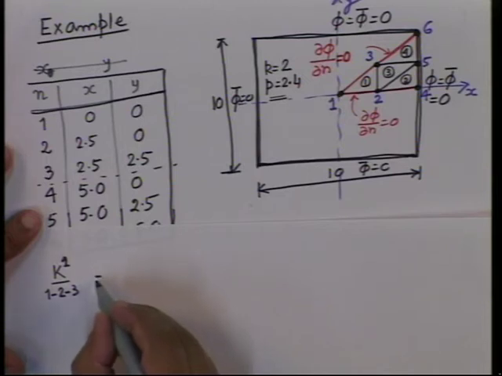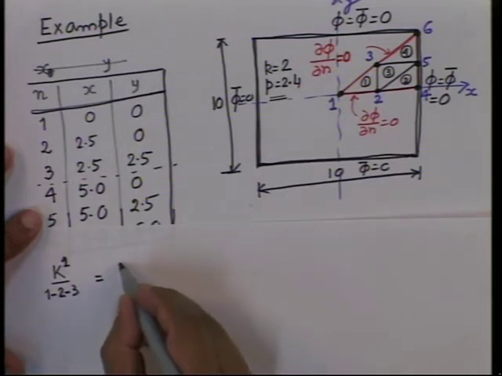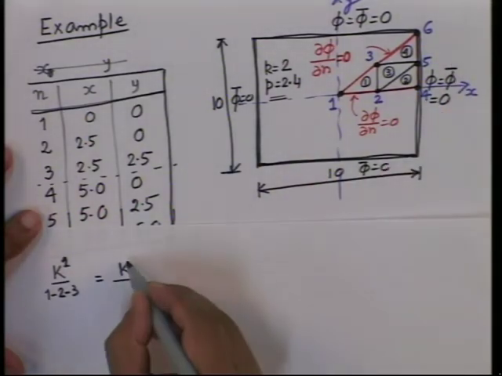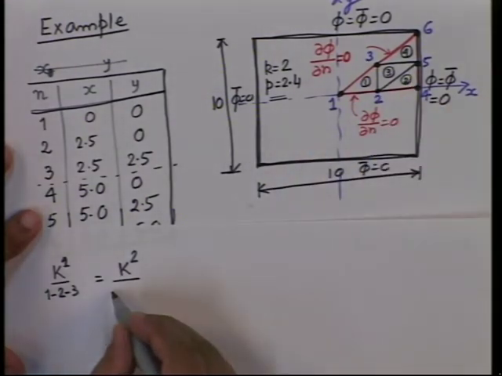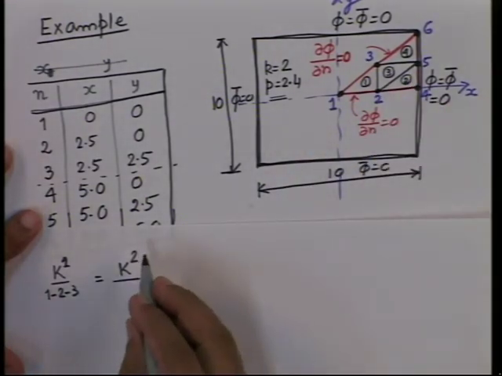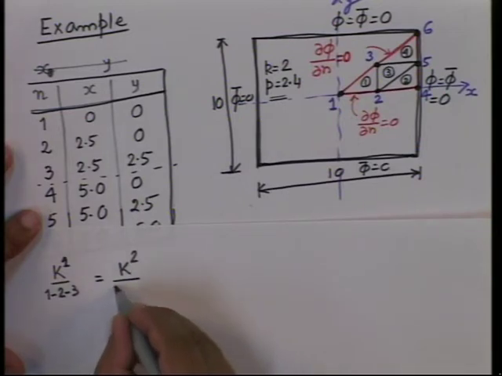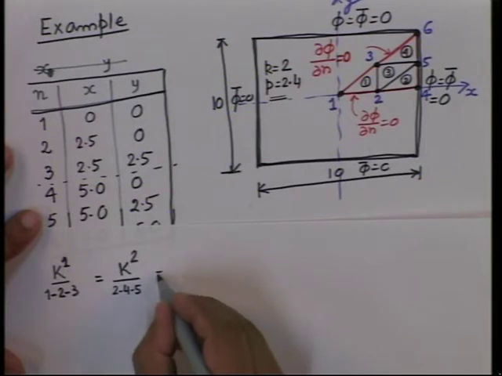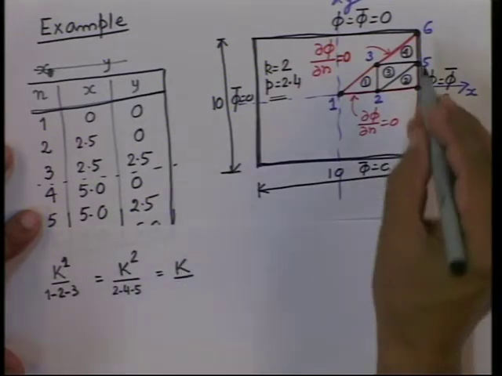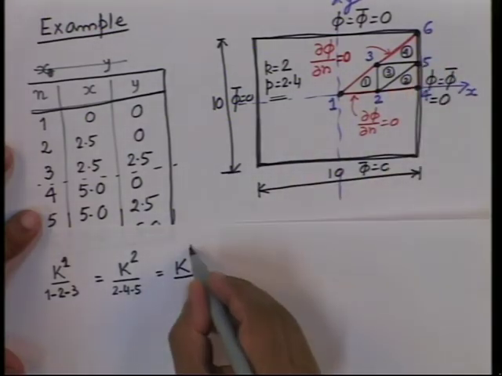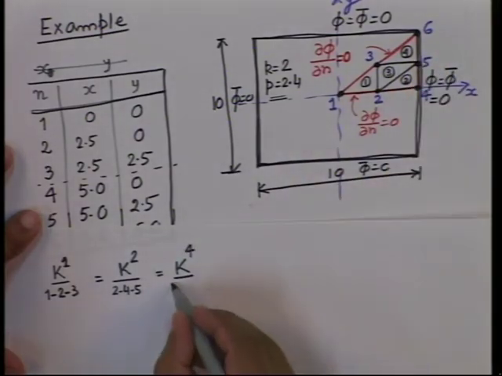Then if you put the same thing also for element number 2, 2, 4, 5, but if you put it like this only 2, 4, 5, if you change it, then it will not be 2, 4, 5, and another one is K 4, 3, 5, 6.